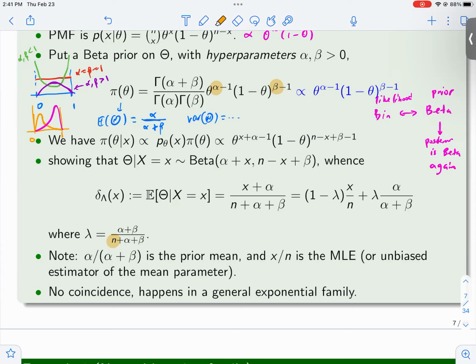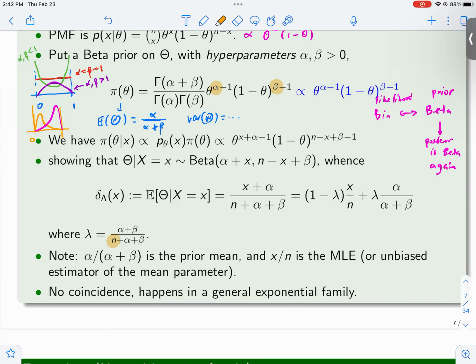And you can see a lot of other things. So x over n here, hopefully you know, is the unbiased UMVU, the uniform minimum variance unbiased estimator. This is unbiased. So how about this Bayes rule?